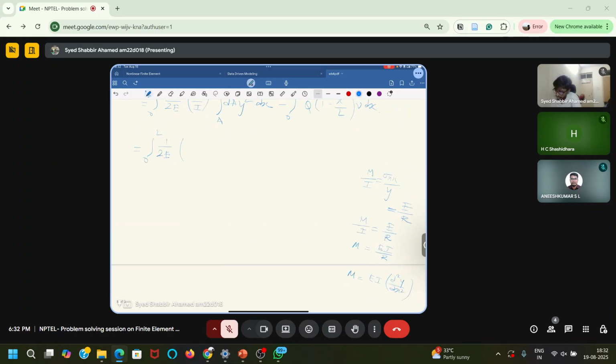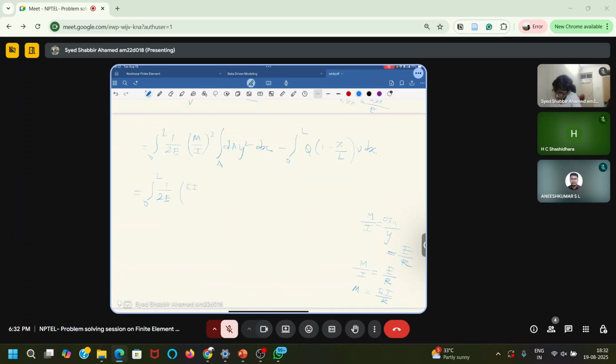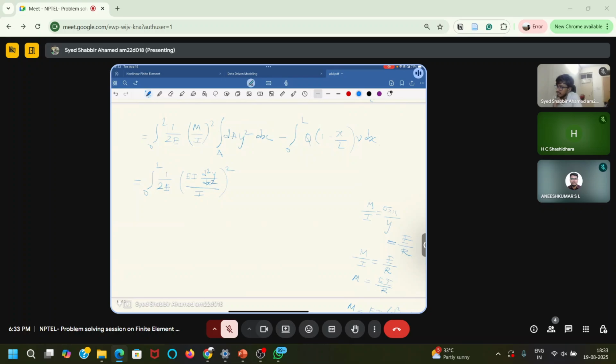So now if I substitute M is equal to EI dou square y by dou x square, by I whole square, and this dA into y square over the area integral will give me I, and this is dx.